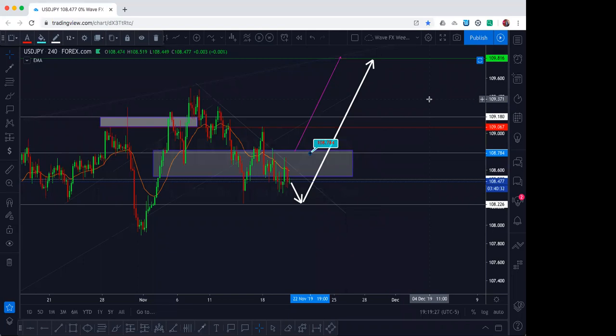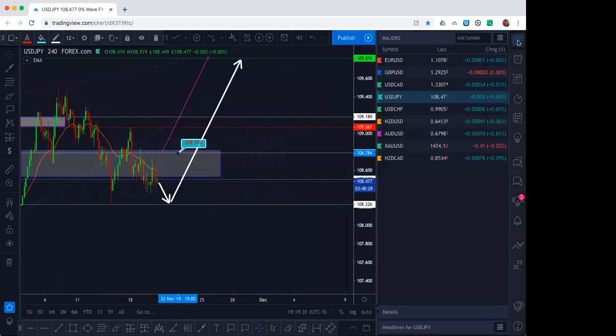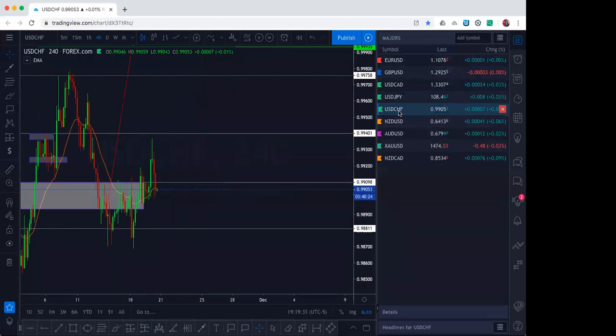All right, so the next thing that we'll be looking at is USD Swiss. And we saw some good movements out of this pair, even as early as today, as recent as this afternoon, is where we really got the movements coming out of most of the Swiss pairs, to be frank.